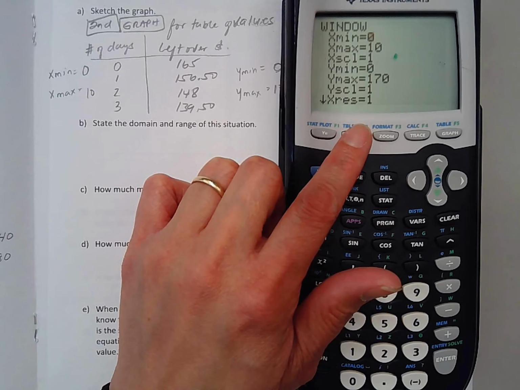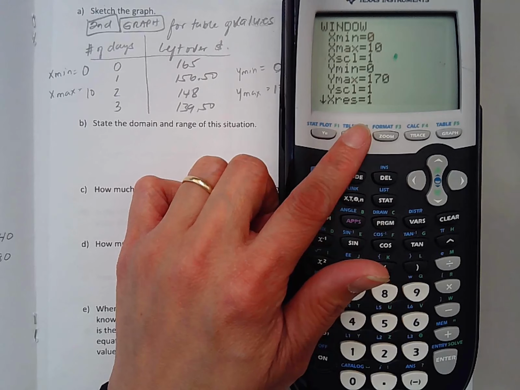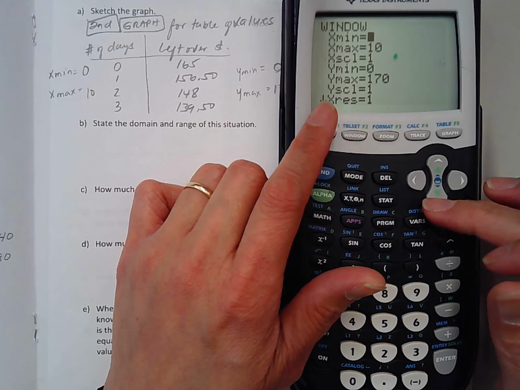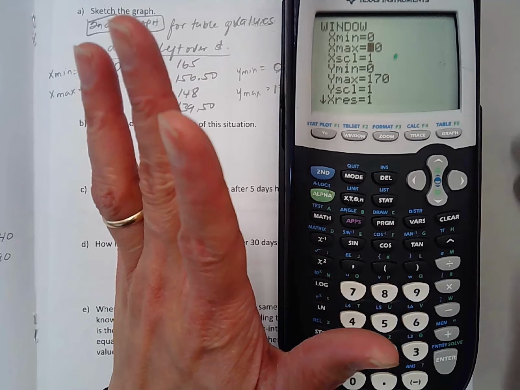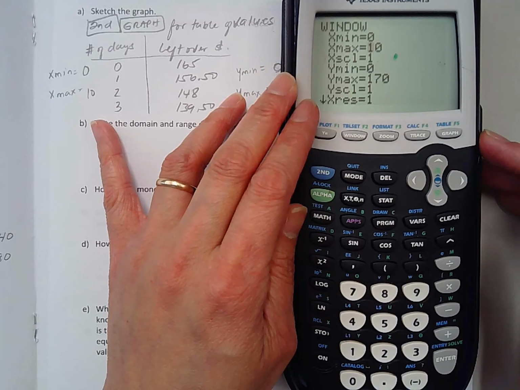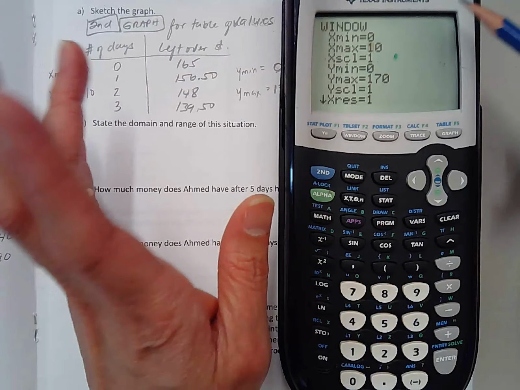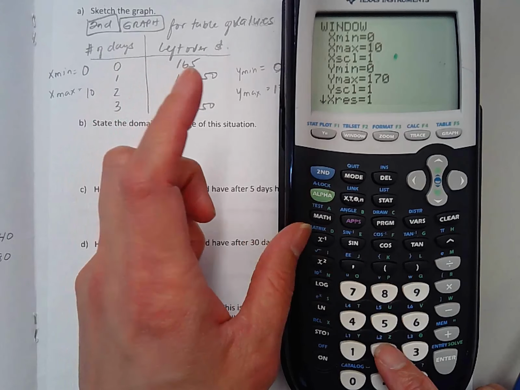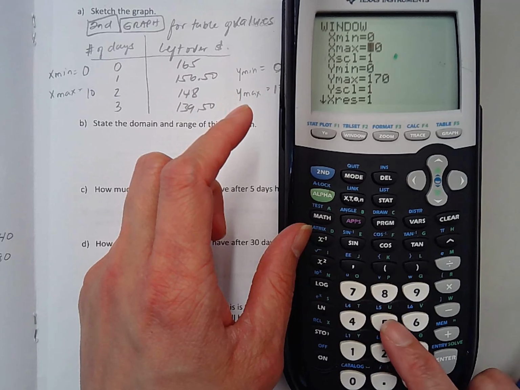Are we going to change the x min, x max, y min, or y max? X max. What should we change x max to? Right now it's 10. Can we change it to 15? 50? Yeah.